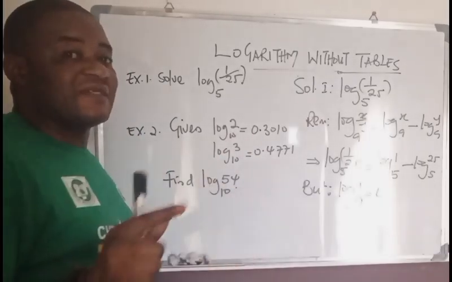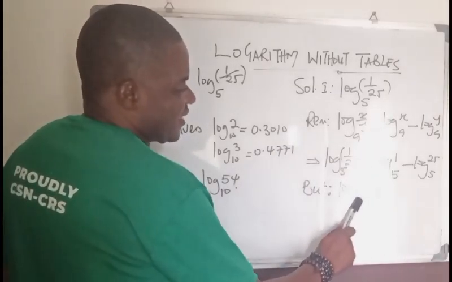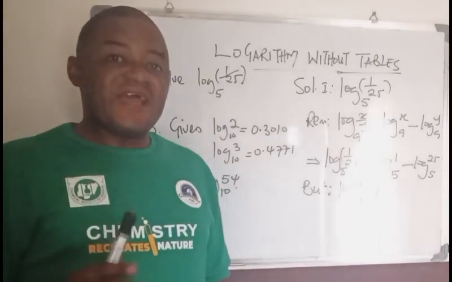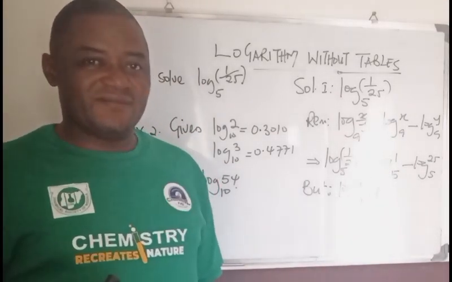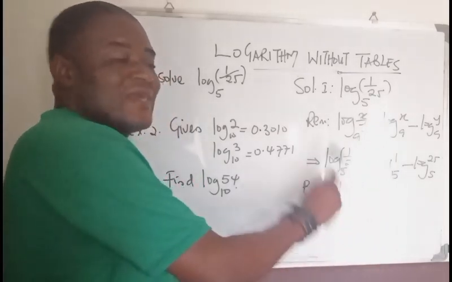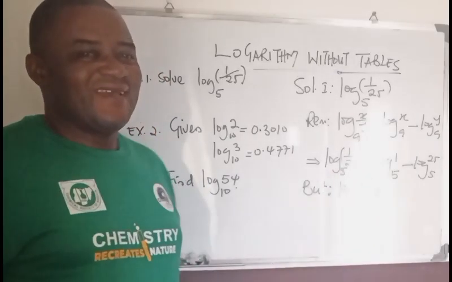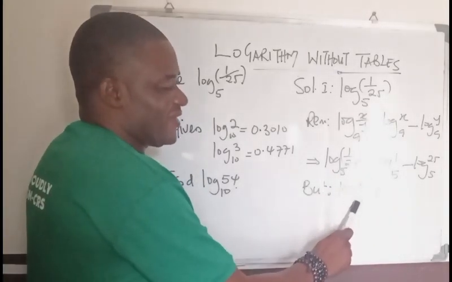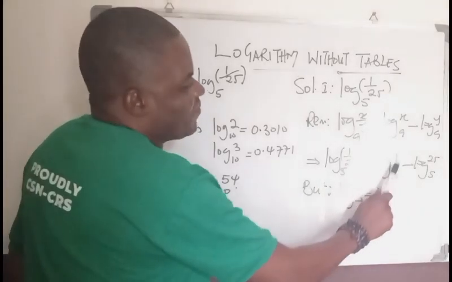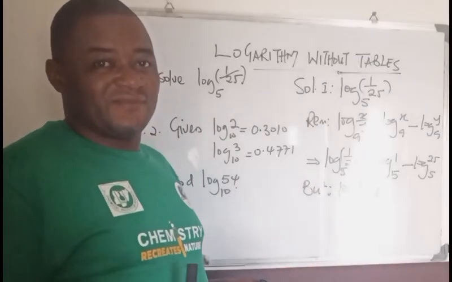But I'm not going to prove that to you right now. This is because a raised to power 0 is equal to 1, because from the initial equation everything raised to power 0 is 1. So if a raised to power 0 is equal to 1, then the log of 1 base a should be 0. Quite interesting. And if the log of 1 base a is 0, then it means that the log of 1 base 5 is 0. The log of 1 to any base is 0.